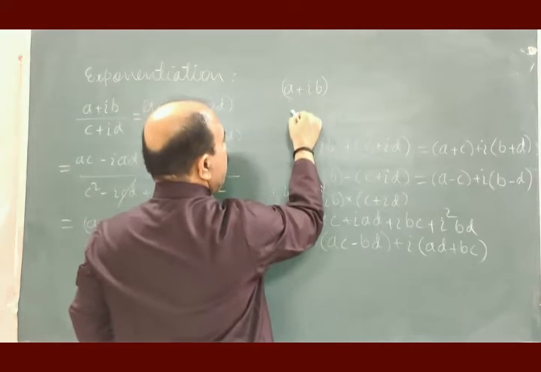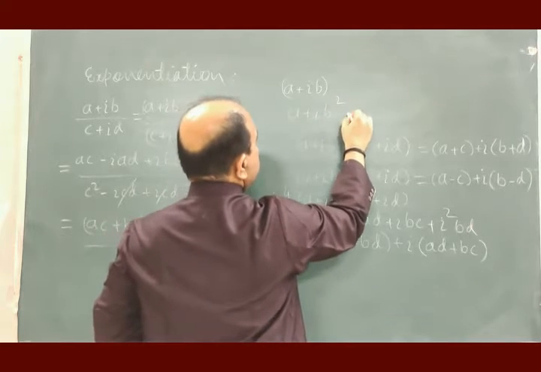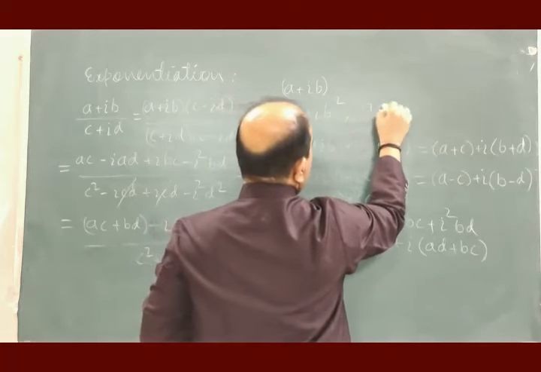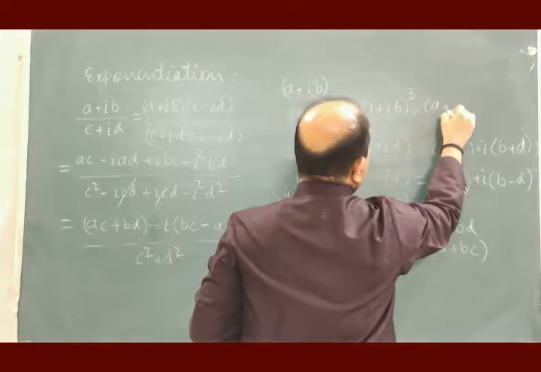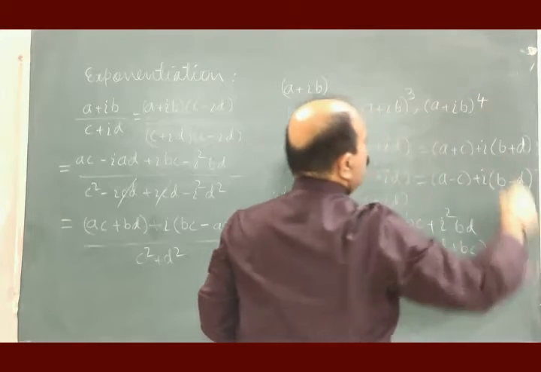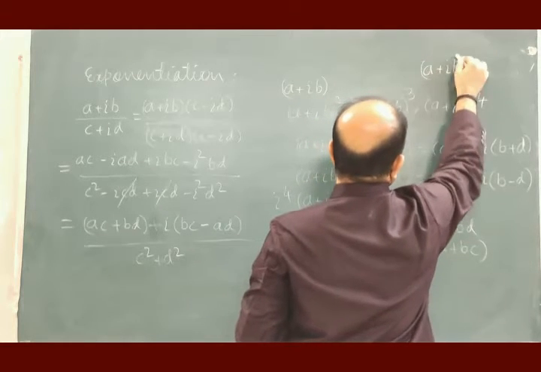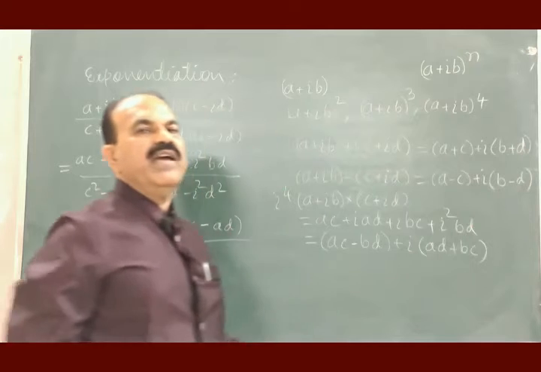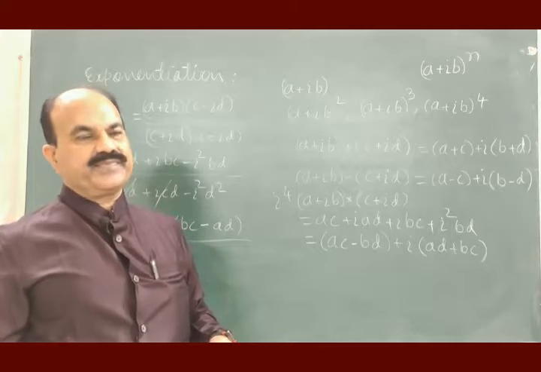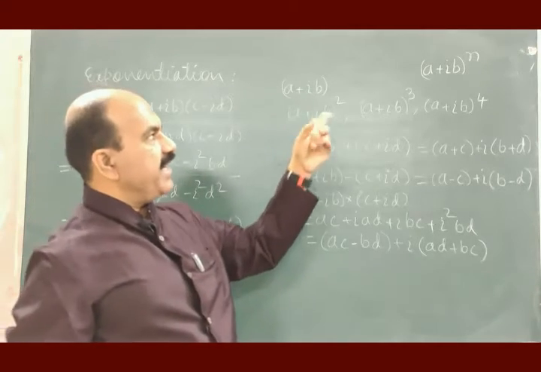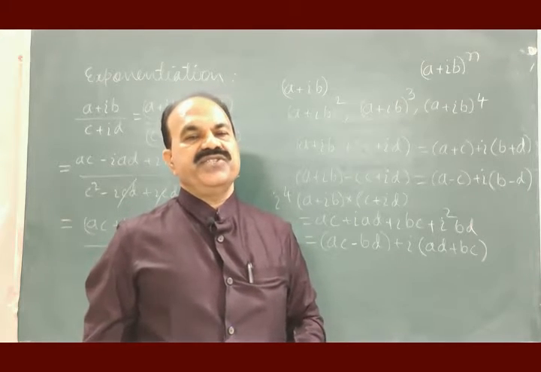For example, I may write this as A plus IB square, or A plus IB cube, or A plus IB to the power 4. In general, A plus IB to the power n, where n is any positive integer.